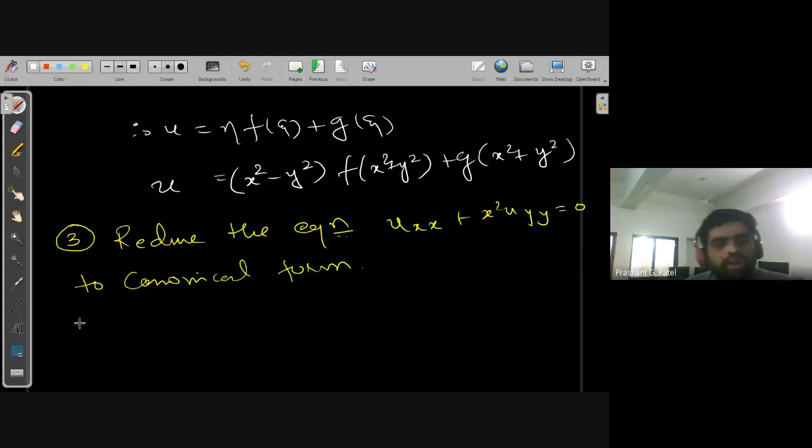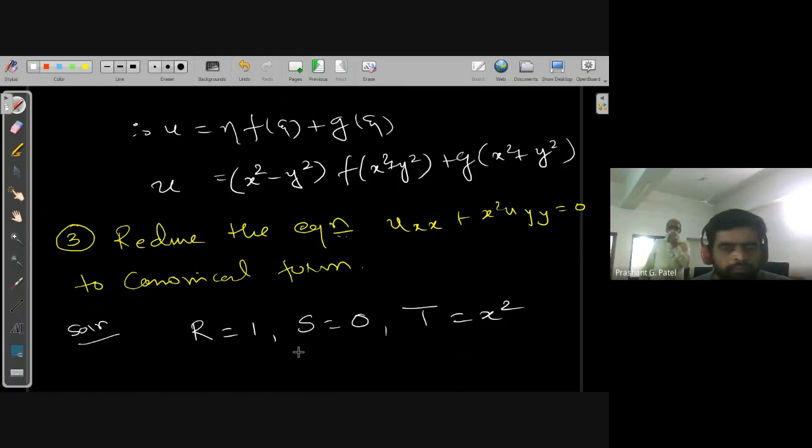So here now I am not writing all the details. You just now become an expert at how to find out what R, S and T are. So you just observe that the value of R is 1, S is 0, and T is x square. Therefore you will have S square minus 4RT.